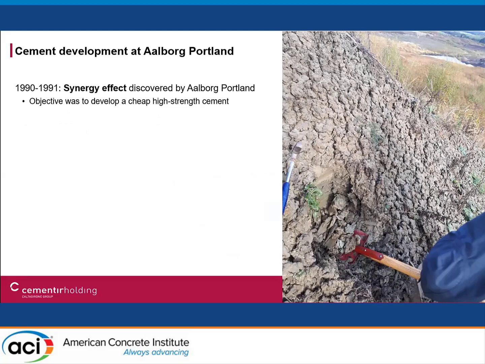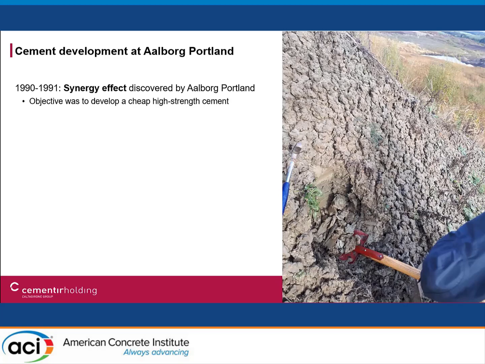So we needed to find a way of producing a cheap, high-strength cement. We tried all sorts of clinker replacement materials: crushed brick, crushed glass, limestone, calcined clay. And that was also when we found that mixing the clay and limestone had the synergetic effect. But it turned out that the limestone cement was good enough as it was.